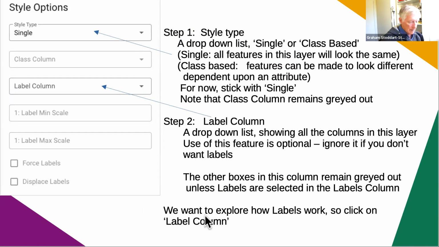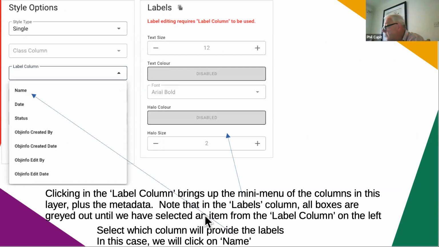So next field, we're going to drop down on the label column. It tells you what column do you wish to use as the label, and usually it's something sensible like name, because you want everything to appear properly. So we select name. Then the second column says, okay, now you've got a name, what do you want to do in terms of size and shape?